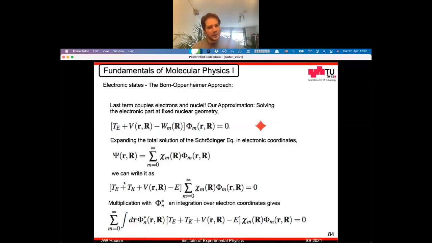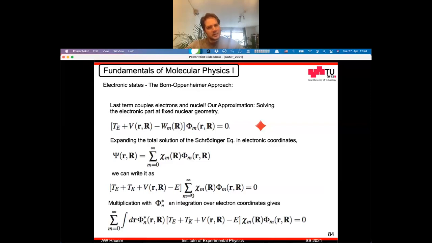And you are right, this will introduce now some issues because the kinetic energy operators are second derivatives with respect to the coordinates of the particles we are talking about. So it's electrons or nuclei. And this means that the operator here, when acting on our sum here, will do quite something. And this is something I'm going to show you on the next slide.